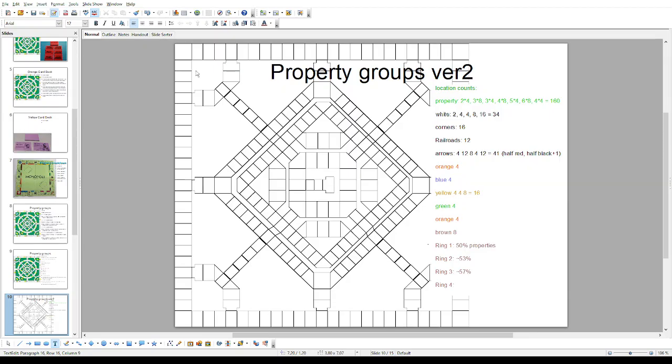Well, honestly, that would just up it to 20. That gives me about 64.5% of ring 4 as color group properties, which is too high. Yeah, let's just be honest. That's too high. No, can't do that.